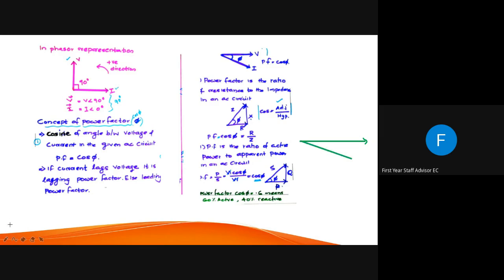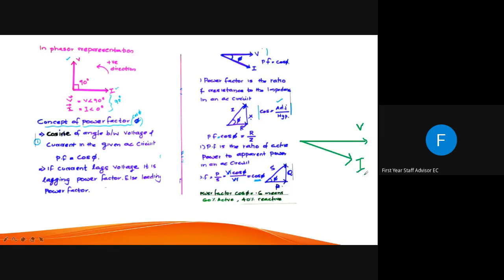In an inductive circuit, we know the voltage is leading. So if this is the voltage phasor, I can draw the current phasor. For every home or industry, this is the situation: voltage and current are not in phase, and the current is lagging behind the voltage.